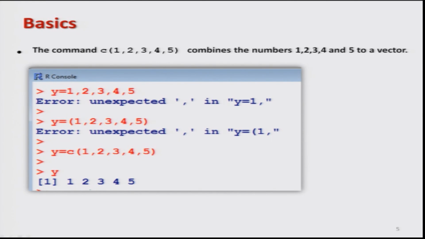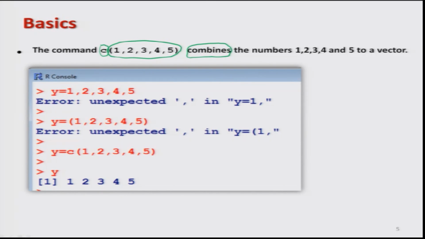Here you can see that I have used the command c, and inside the bracket I have written some values, right. What is the meaning of c? c means combine.